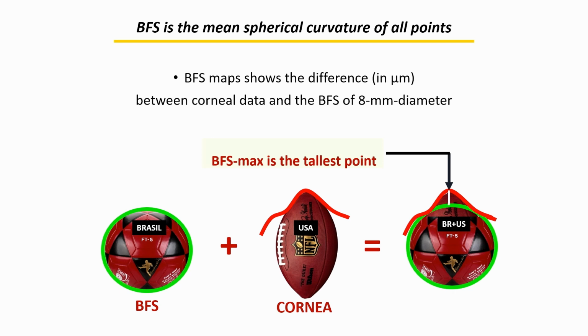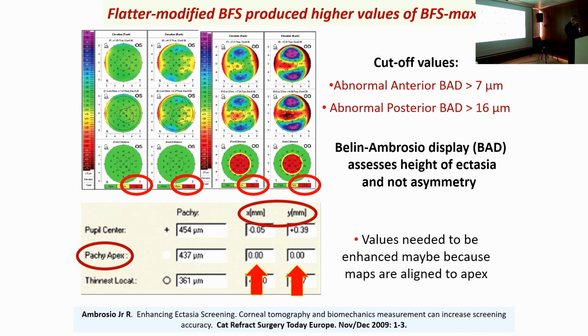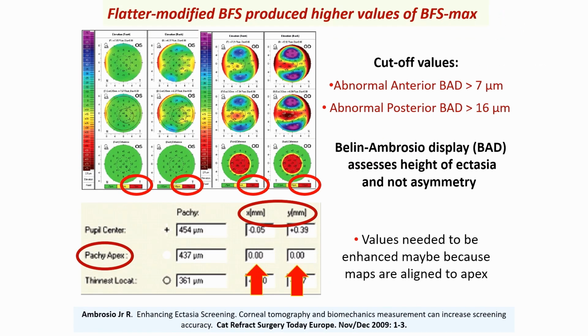Okay, but the point is that the maximum best fit sphere is the difference of the cornea with the average curvature in 8 millimeters, which will be the best fit sphere of that surface. With the Pentagon, you are used to using the Belin-Ambrosio display.